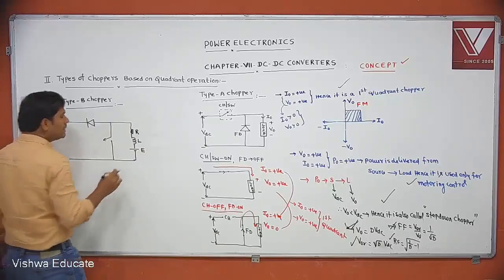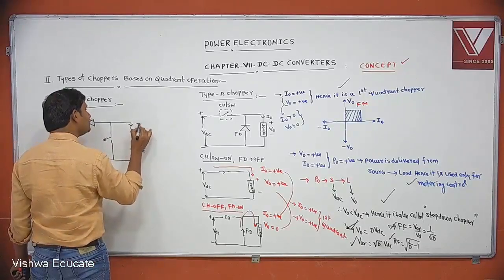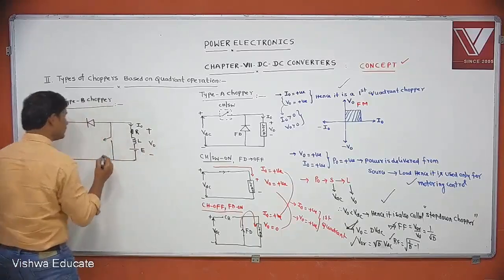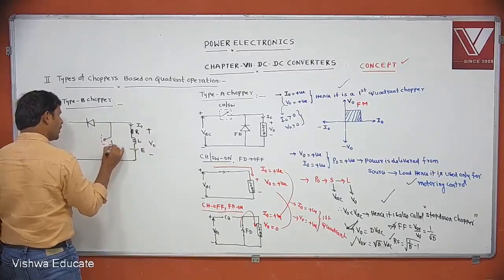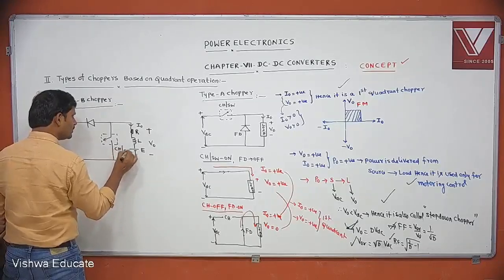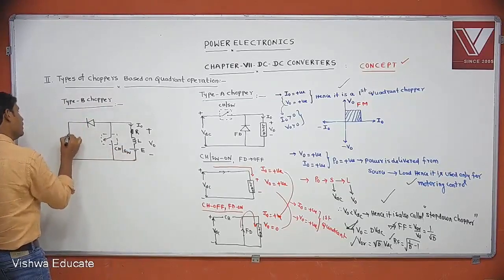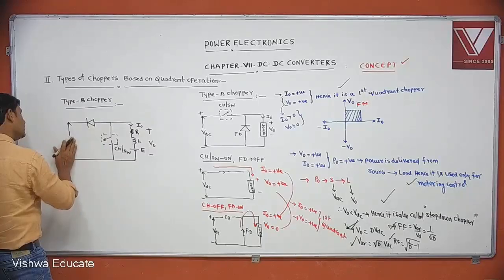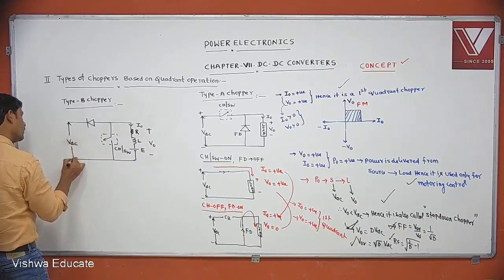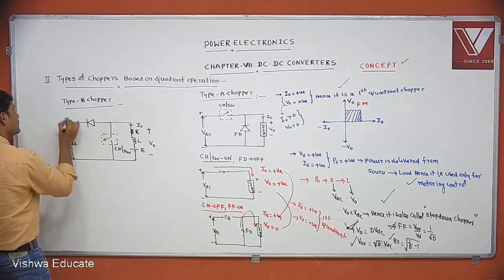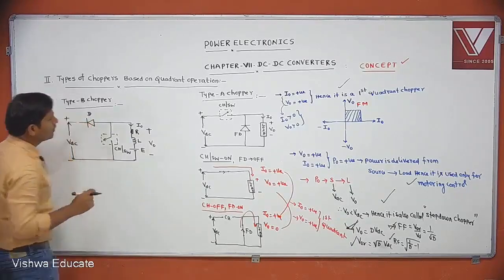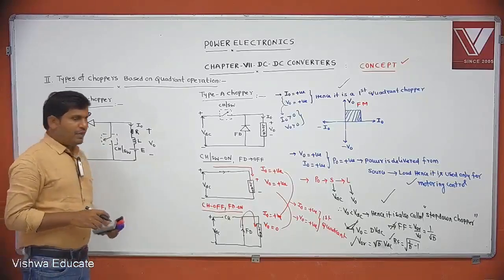This is the assumed current direction, and this is the assumed voltage polarity. This is the chopper or switch. Then this is VDC, with plus and minus, and this is the diode. This is the type B chopper circuit.